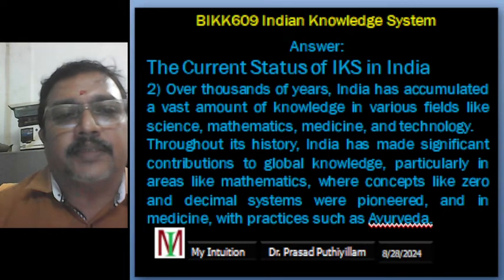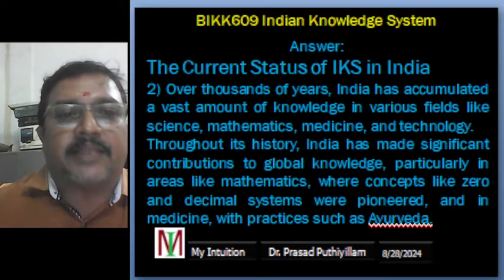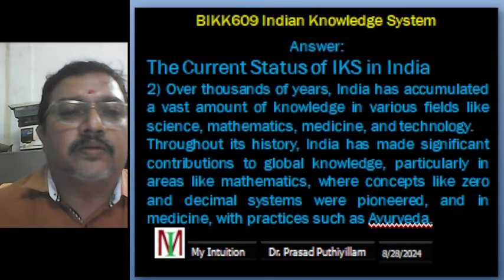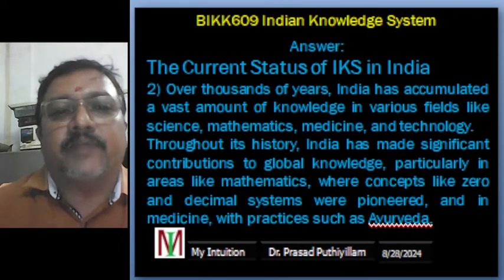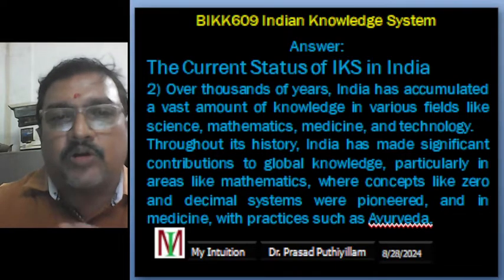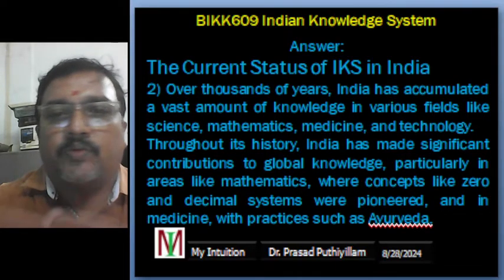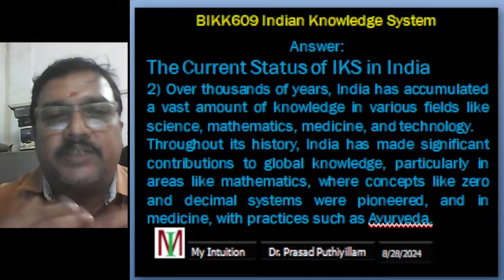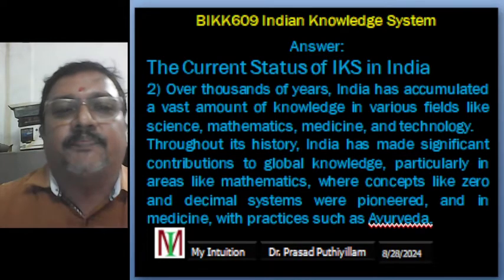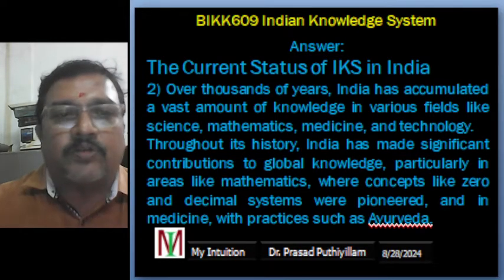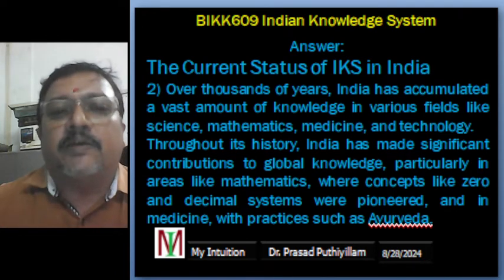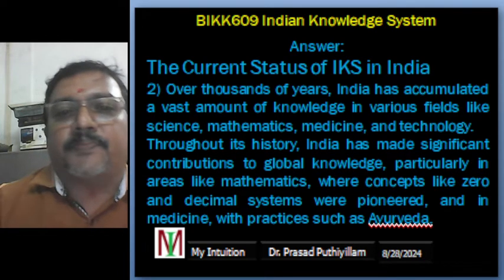For example, the mathematicians of India were the first to conceptualize the number 0. They are the ones who developed the decimal system. Zero and the decimal system became fundamental to modern mathematics.